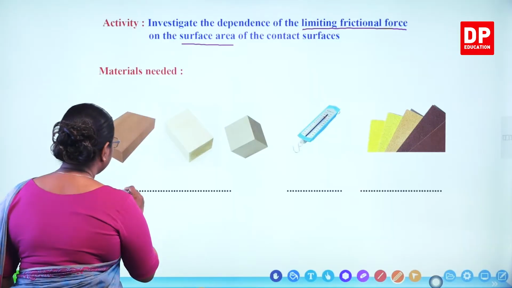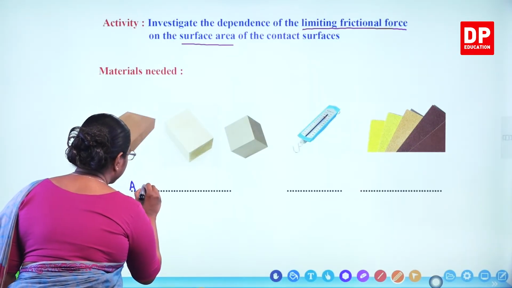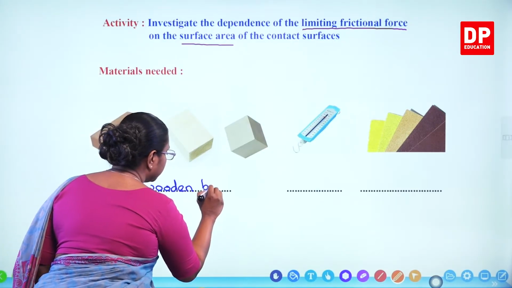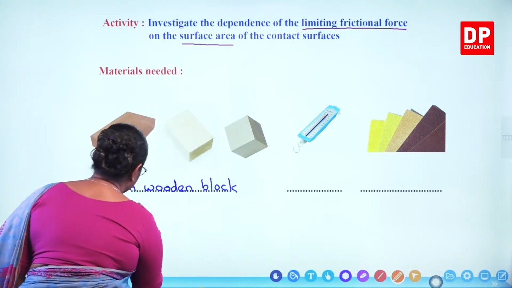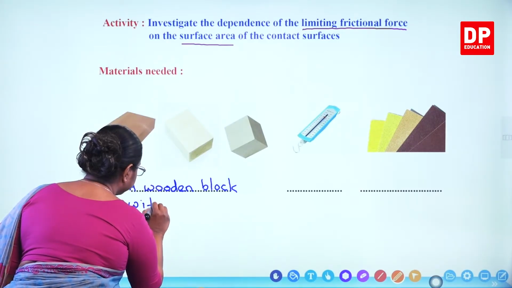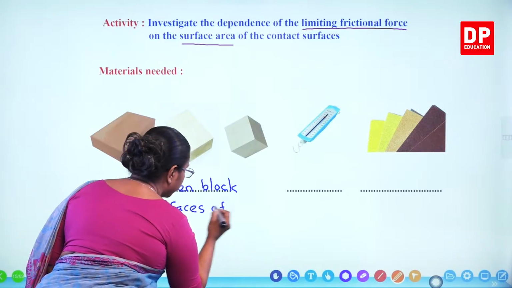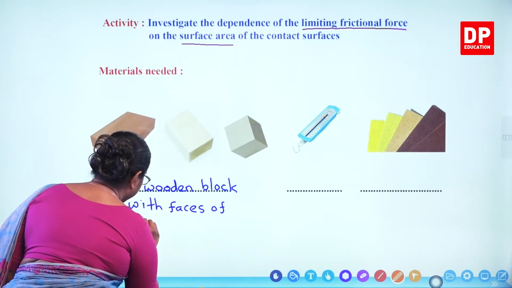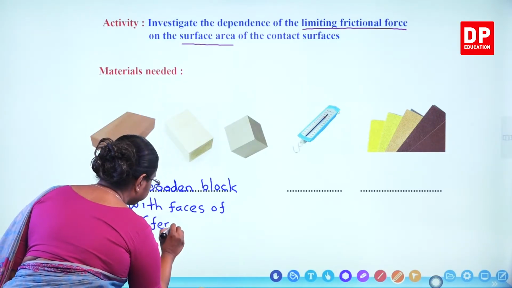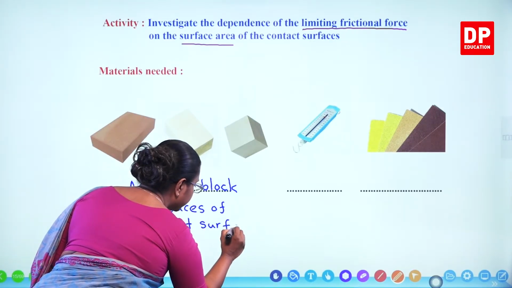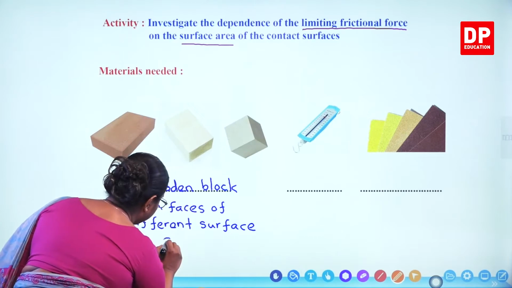So I can write down a wooden block with faces of different surface area.